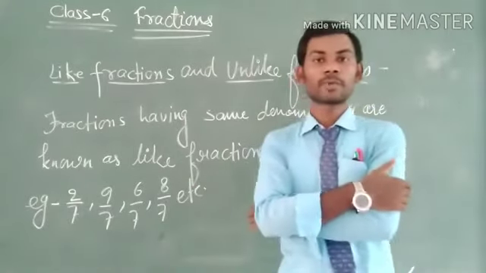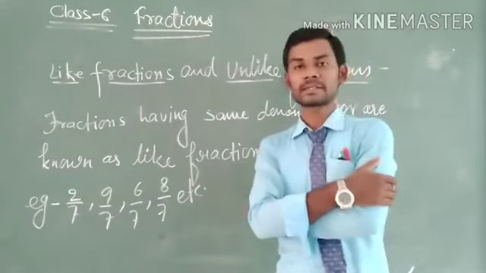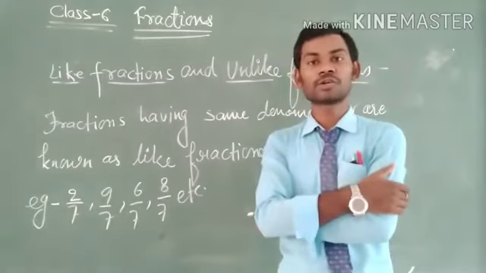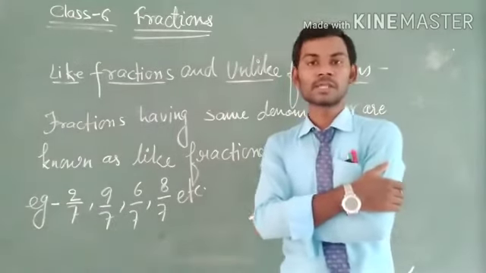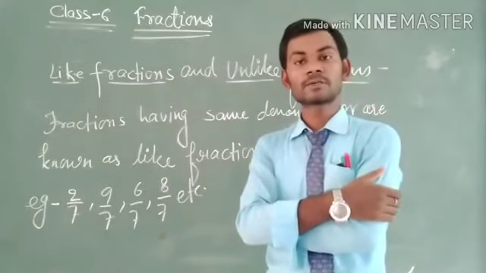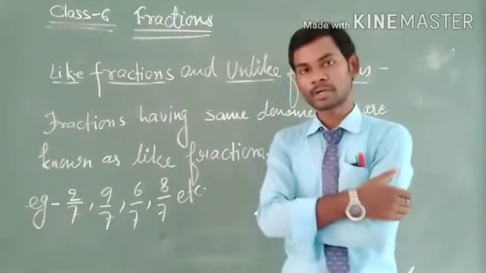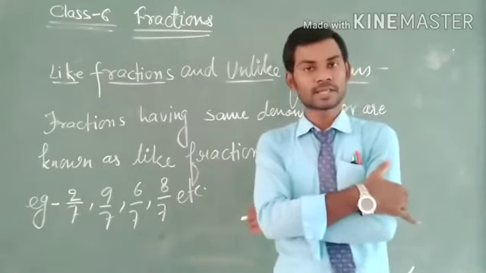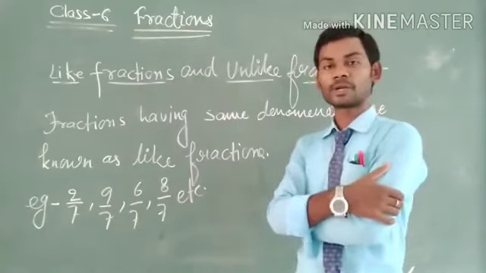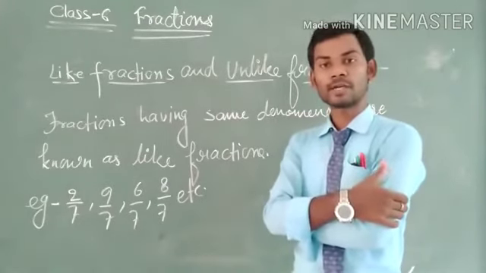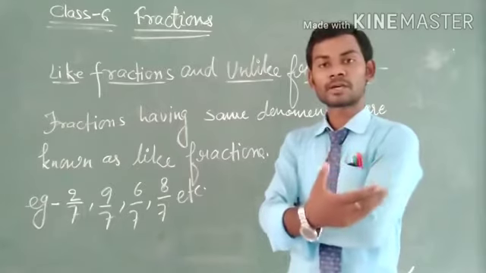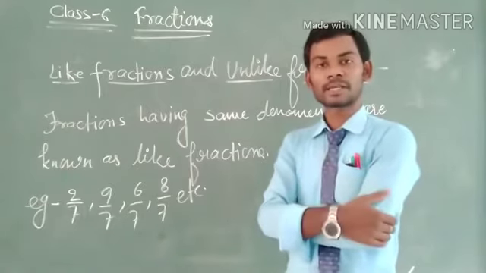In order to predict which fractions are like fractions, we have to see only the denominator. Our complete focus is on the denominator. If the denominators are the same, then they are known as like fractions, and if the denominators are not the same, then let's see what we say.